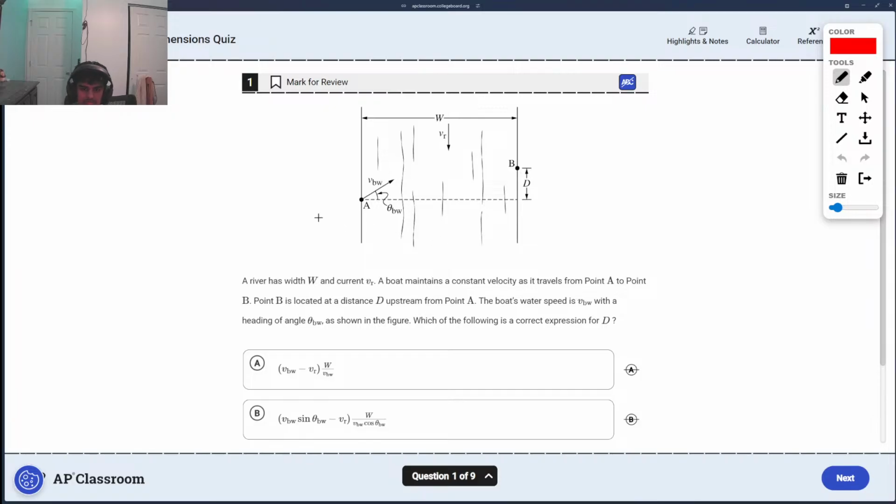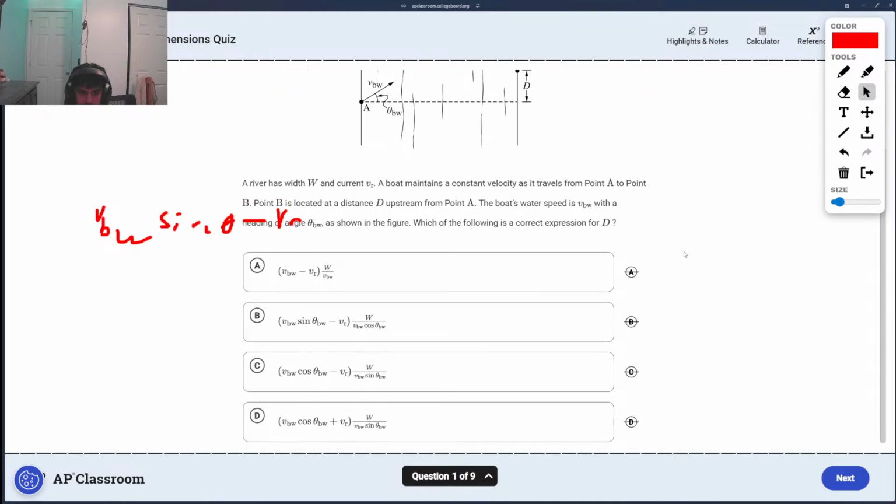The y component is just going to be VBW sine theta, and then you have to do something about the VR, so that's going to be minus VR. What are your options? VBW sine theta.